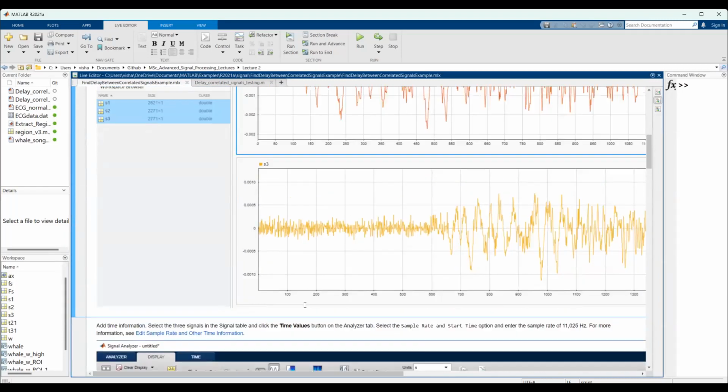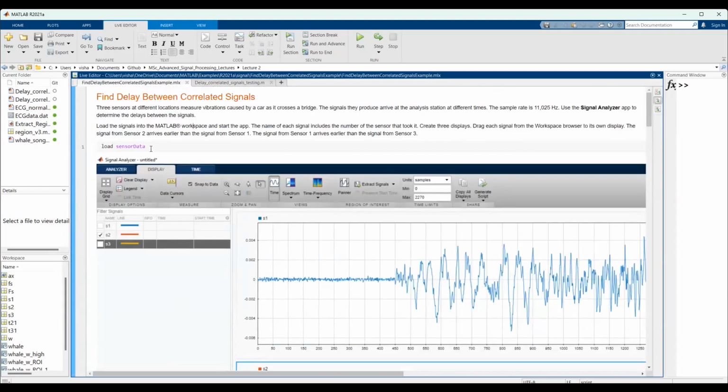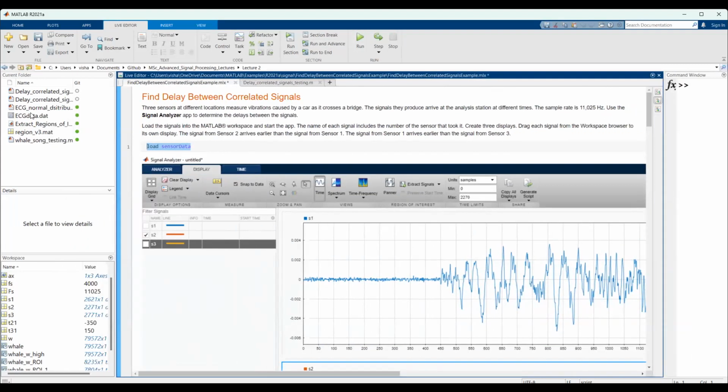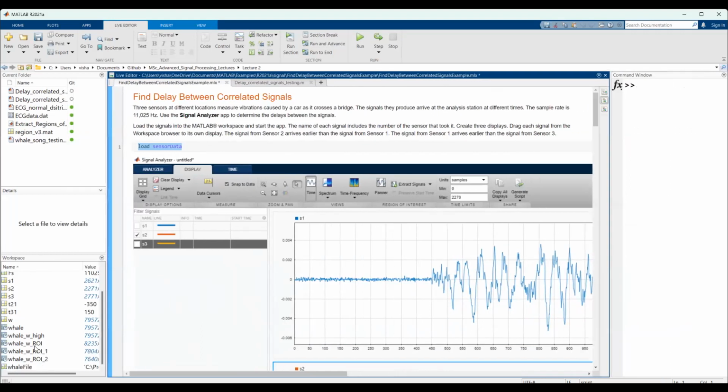These sensor data are located in this variable called sensor data. First, you need to load that data into the workspace. By running this, I can load that data into the workspace. Hopefully I will have the sensor data in my workspace.